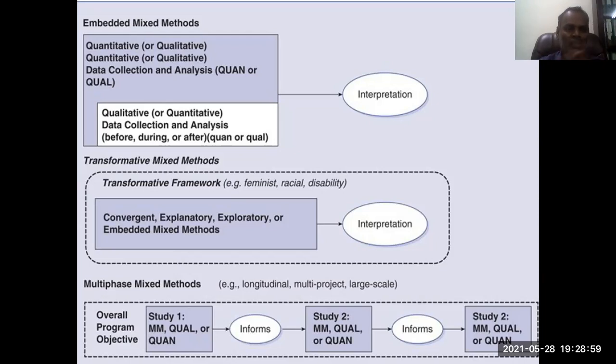You can vice versa, you can change. Data collection and analysis can be equal or sequential. Maybe you start with this, then go to this one, then again come back to the first one. So you are going in a sequential order.